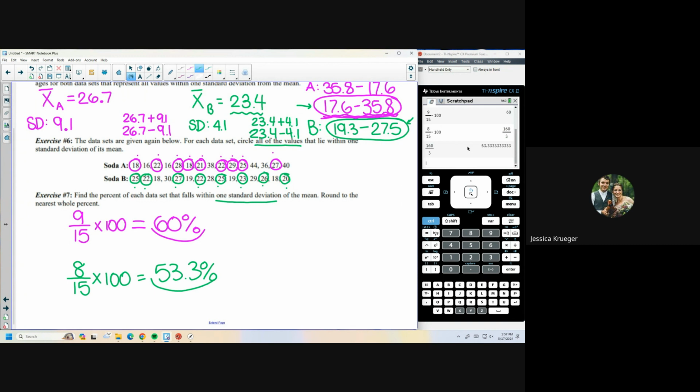So because soda A's standard deviation is so much higher than soda B's, I know that for soda A, most of my data is going to be 9 years above or 9 years below my average age of 26. For soda B, most of my data, meaning over 50% of my data, is going to be 4 years above and 4 years below my average, which is 23.4. So I can tell that my data for soda A is much more spread out.